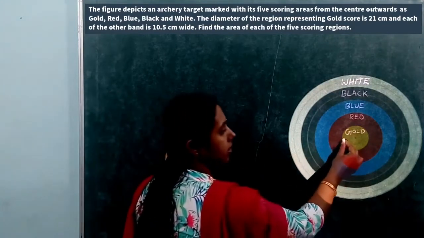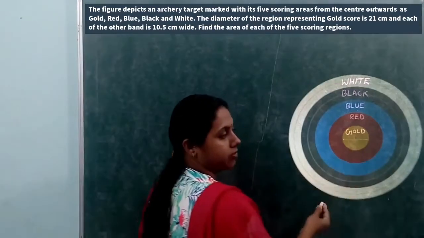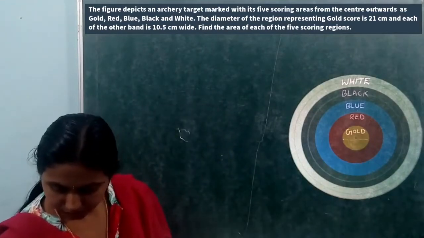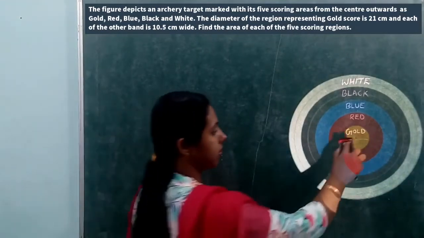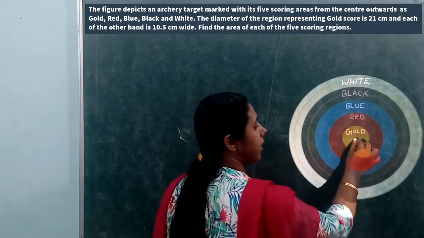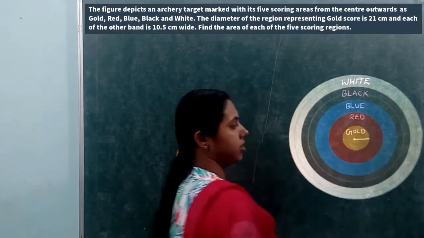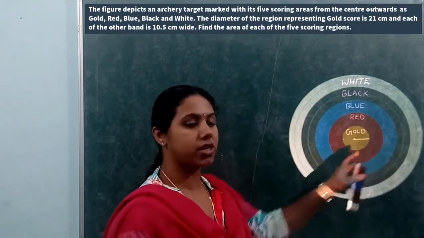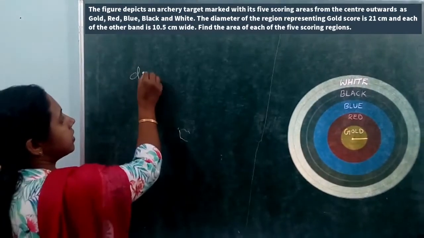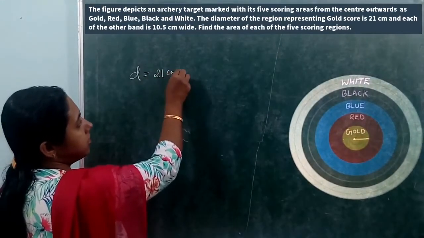That means the whole distance is 21 and the radius is equal to the radius of the gold region.